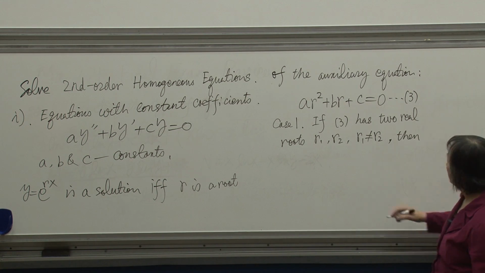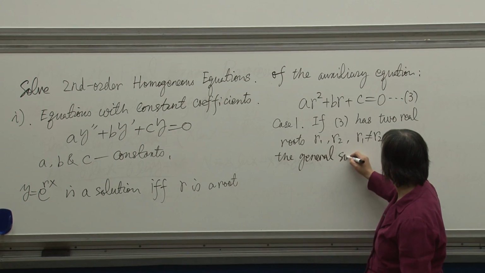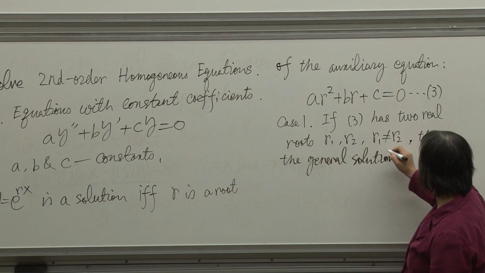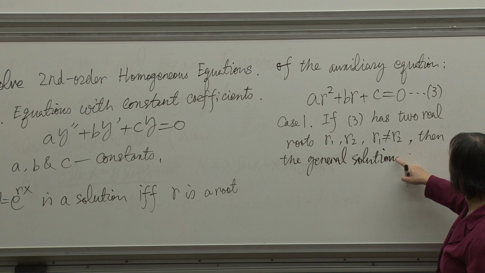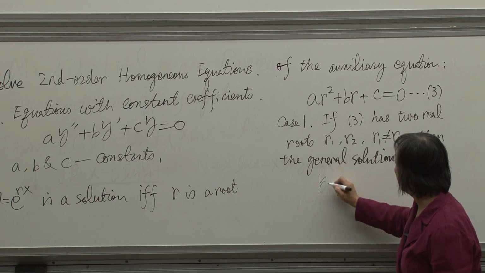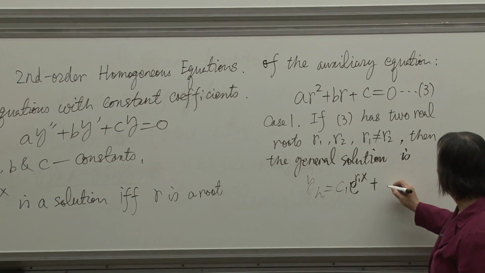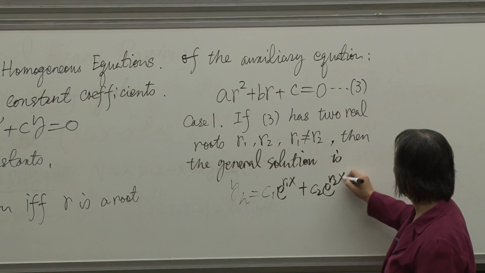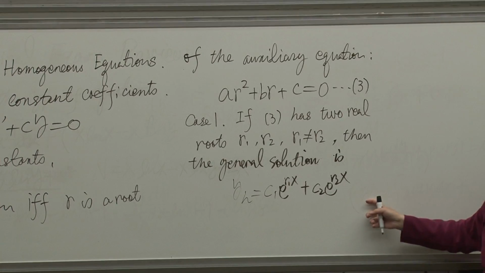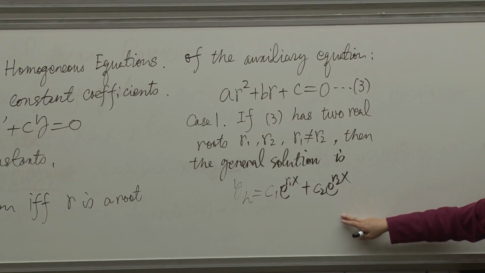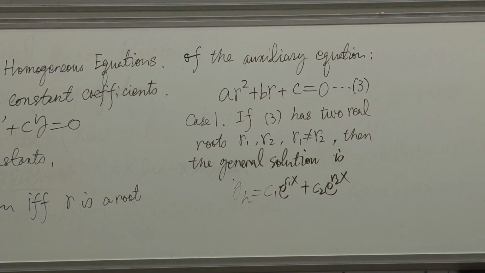Then the general solution in this case is a linear combination of e^(r1 x) and e^(r2 x). So y_h is c1 e^(r1 x) plus c2 e^(r2 x), because e^(r1 x) and e^(r2 x) are linearly independent. So by the third property, the general solution is their linear combination.